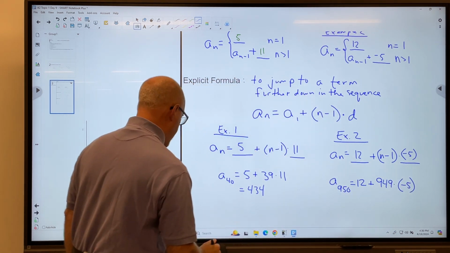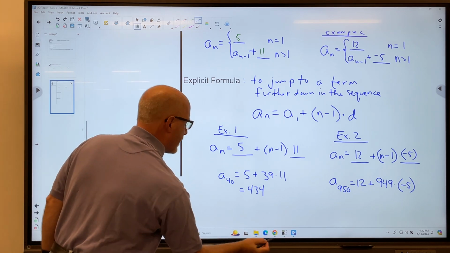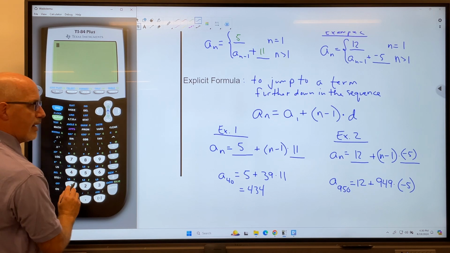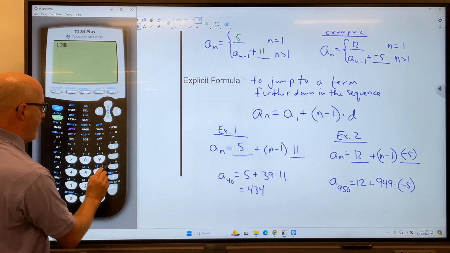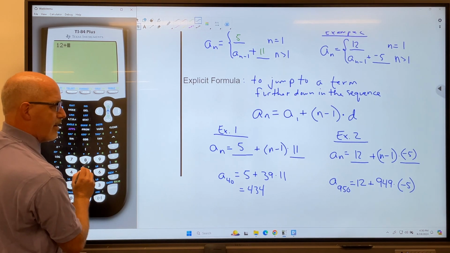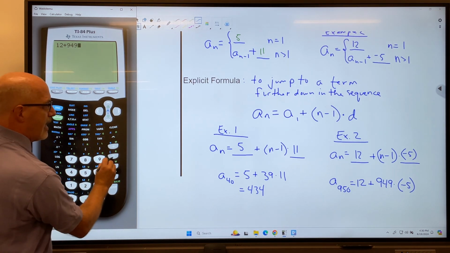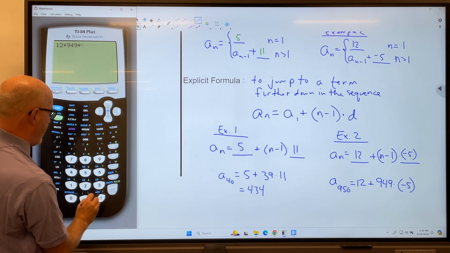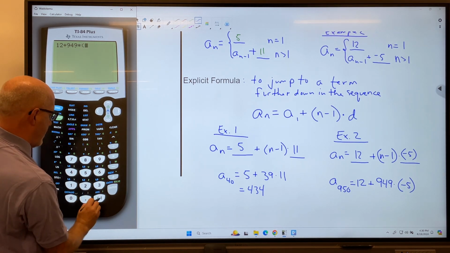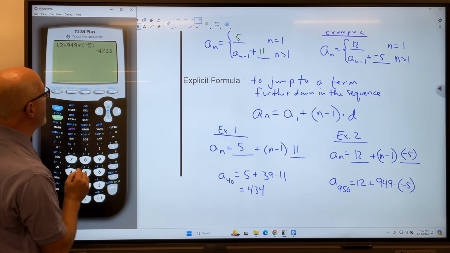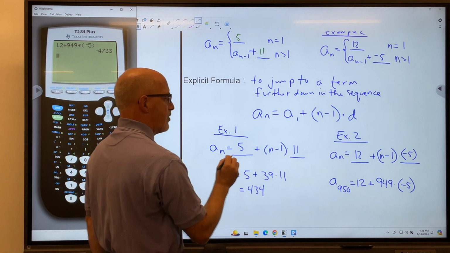Let's do that on our calculator. So we'll clear this off. We'll do 12 plus 949 times, and then we'll put a -5 in there. And I get for an answer -4,733.